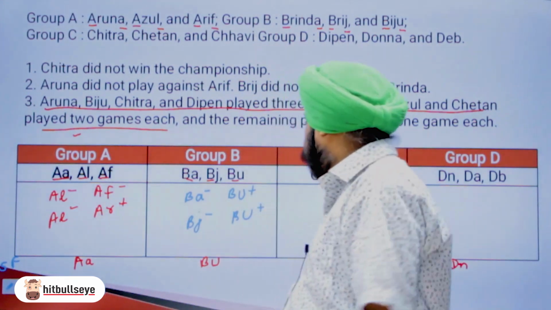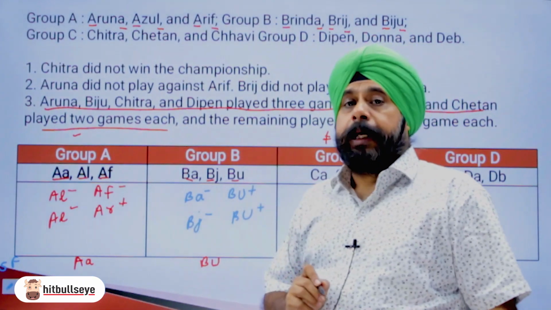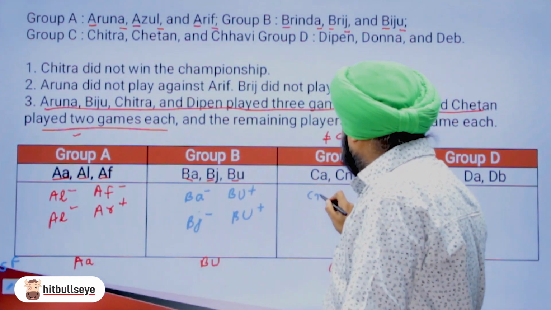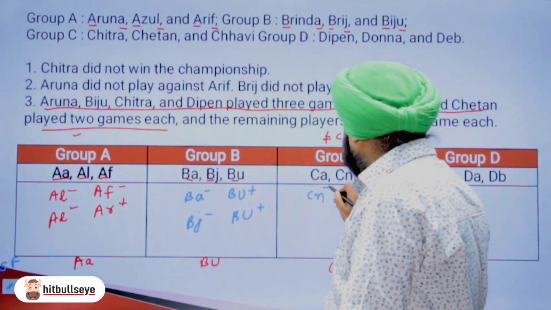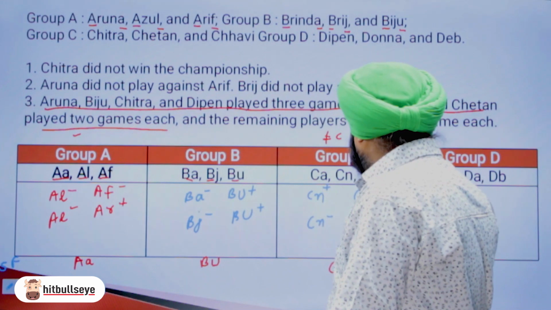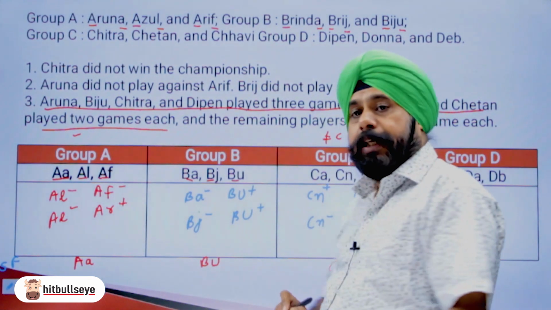We come to the third stage, Group C, people. Group C, Chetan has played 2 games but has not reached semi-final. So this means Chetan must have beaten CI in the first match and Chetan must have lost to Chitra. That is the reason Chitra has reached semi-final.